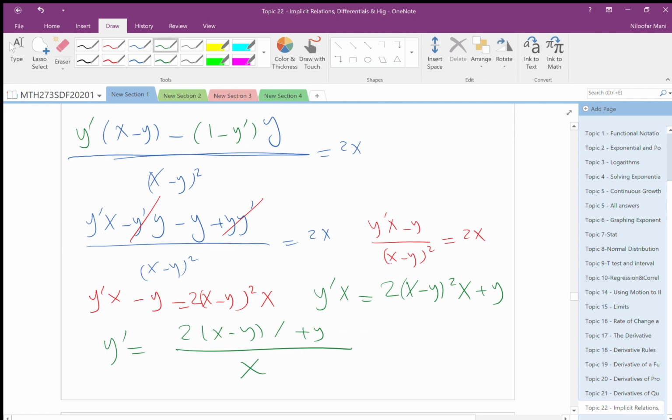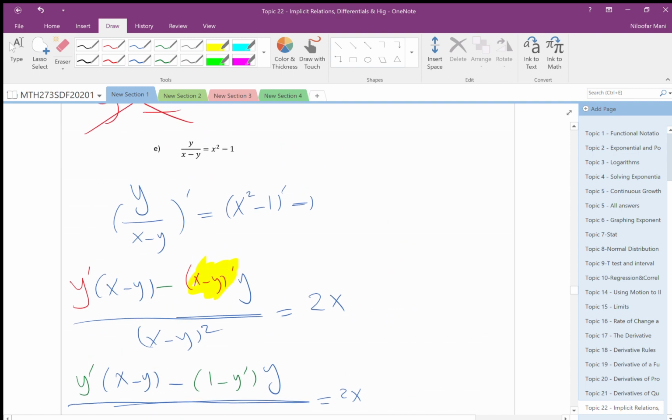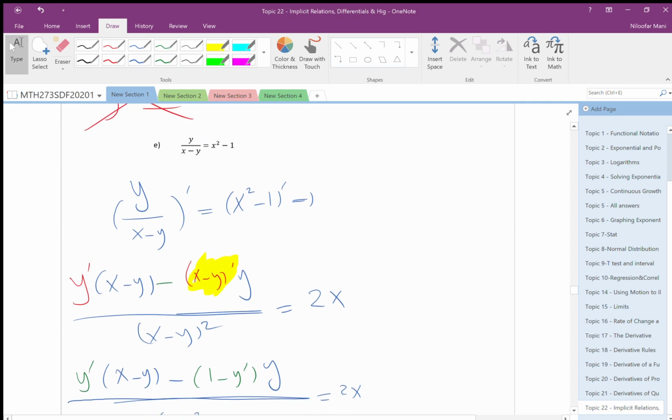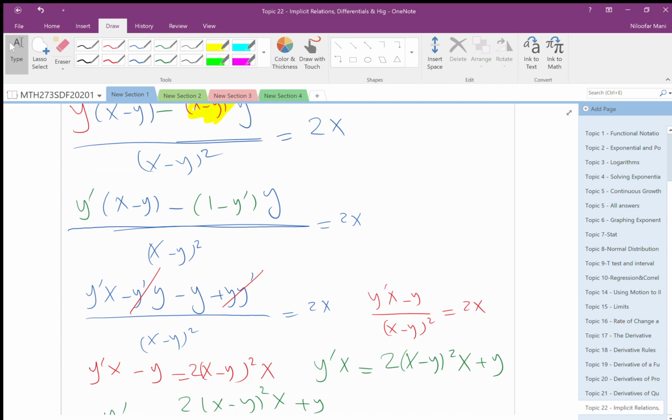Okay, so you don't start from y prime. No, you do derivative of both sides. For derivative of each side, you have to follow the same as before. Product rule, quotient rule, power, whatever, e power, ln of x, you have to follow those. Derivative of one side equal derivative of the other side, and then wherever you have y, you have to have y prime, and then you factor for y prime, you isolate y prime.